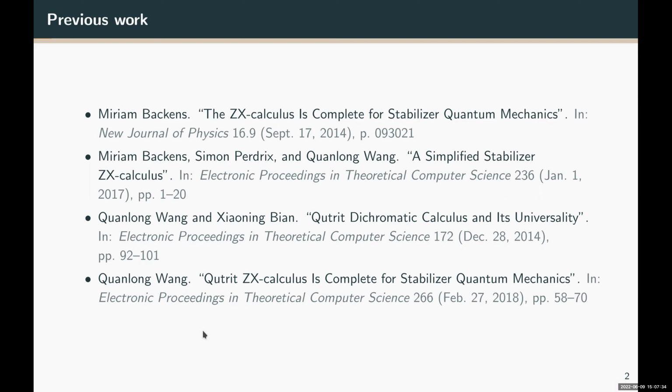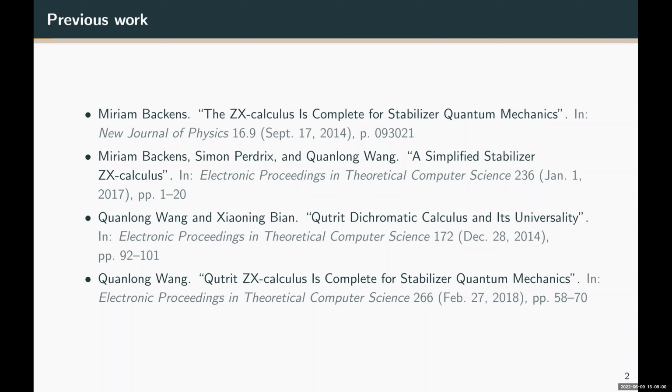And secondly, I think we have a presentation of the stabilizer fragment, and in particular the Clifford group, which makes clear a lot of manipulations which are present in both the qubit and the qubit case, but which, at least to me, it's not obvious where the intuition comes from when you're doing these manipulations.